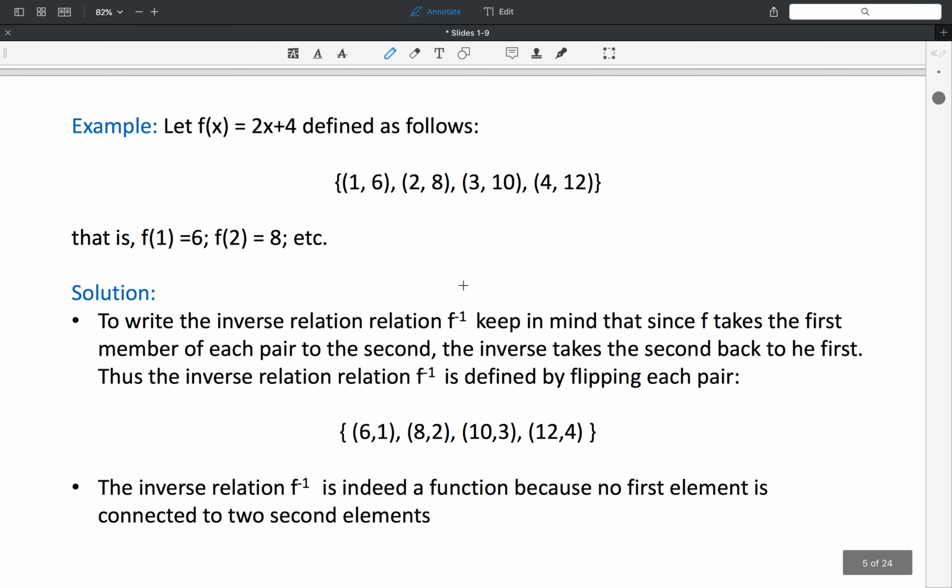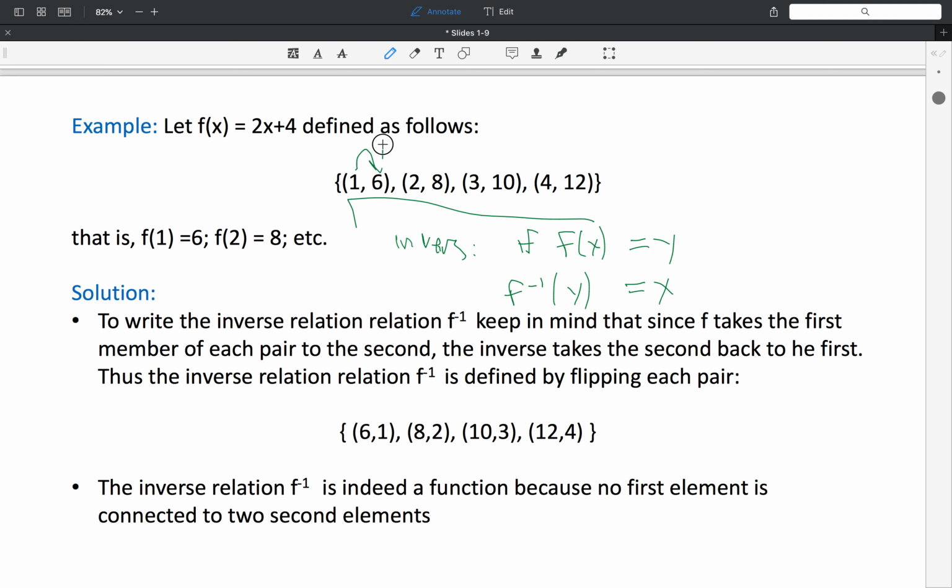Okay, again, this is 2x plus 4. This is how we defined it. And so we want to figure out what its inverse relation is. And remember, if f of x is equal to y, then f inverse of y is equal to x. So here's what f does, here's what f inverse does.